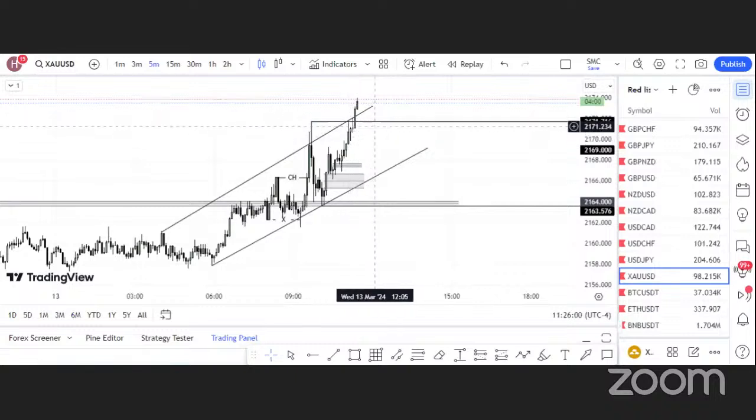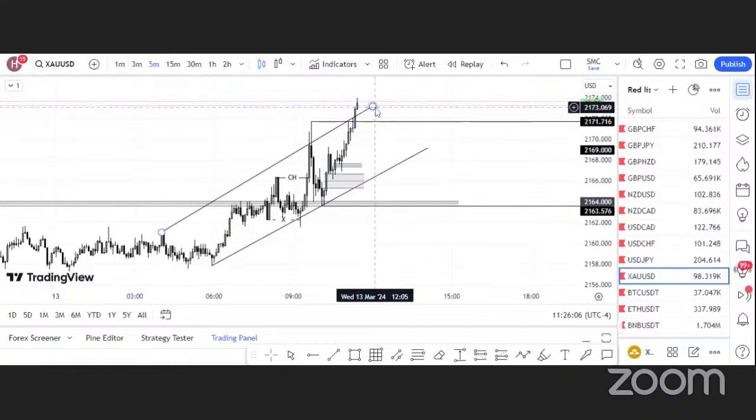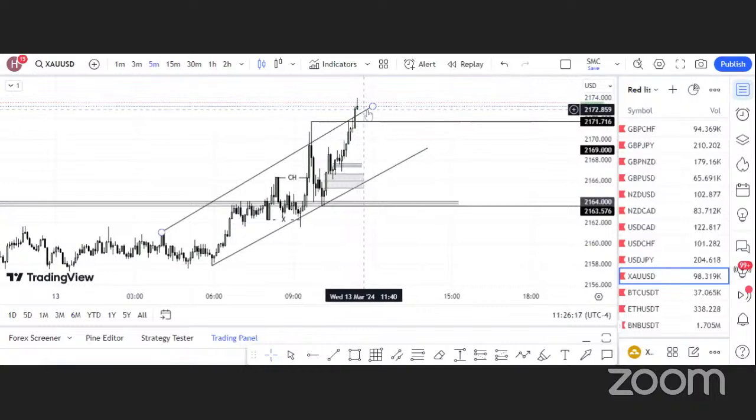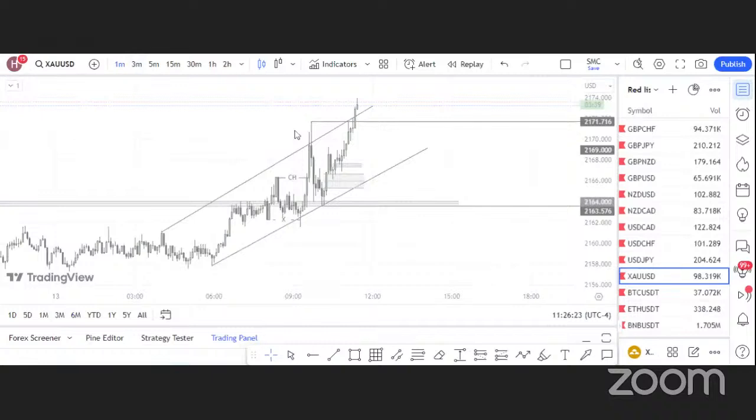So what this is saying right now is the market is going to continue to buy. But before I can take this trade, I would prefer if this market comes back down to retrace my trend line. Once it comes down to retest my trend line, that is when I'm going to place a buy trade.